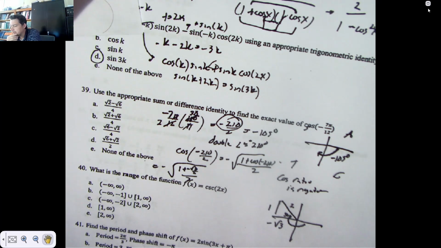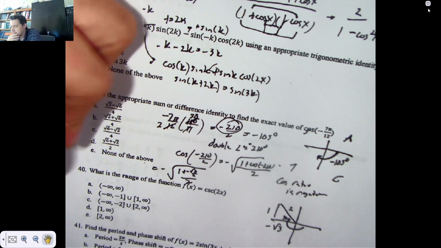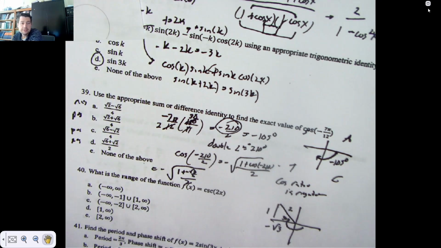It's going to be kind of funky, especially with that negative symbol over there. None of these seem to show the negative symbol. It's kind of weird. It's probably choice A. A is going to be negative. This is definitely a negative answer. That's positive. That's positive. That's positive. If it's any of these choices, it's choice A. We'll see.